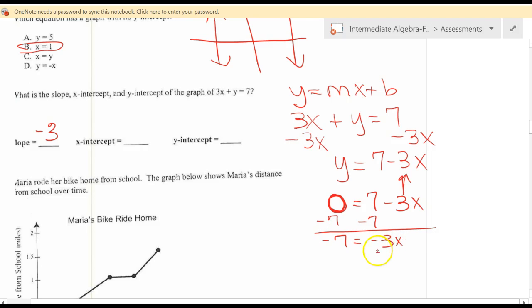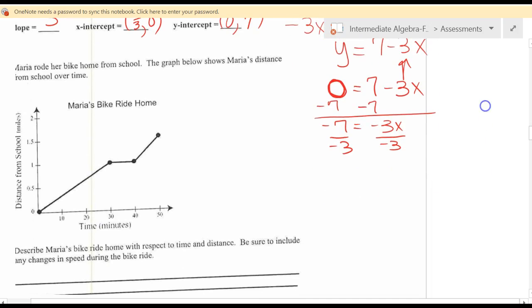Next, I'm going to divide by a -3. So my x-intercept is at 7/3, 0. And then for my y-intercept, that's my b in my original equation, which we solved for in y equals mx plus b format, and we got 7. So 0, 7 would be my y-intercept.